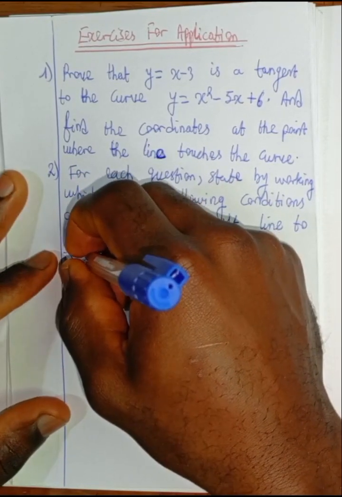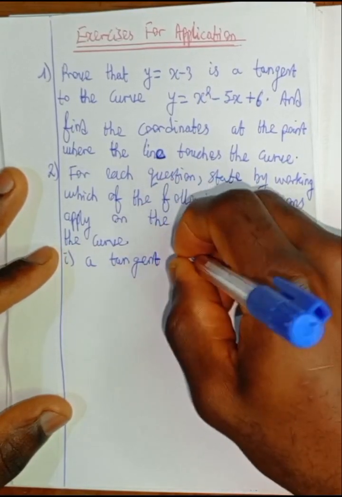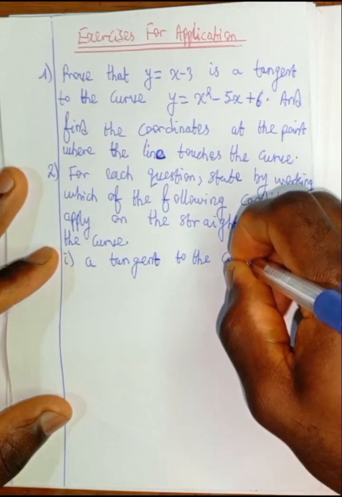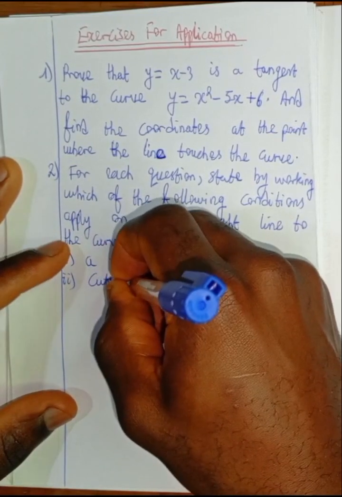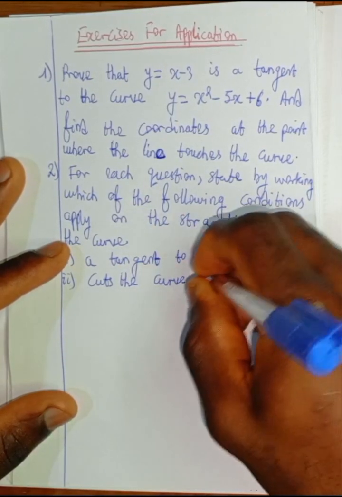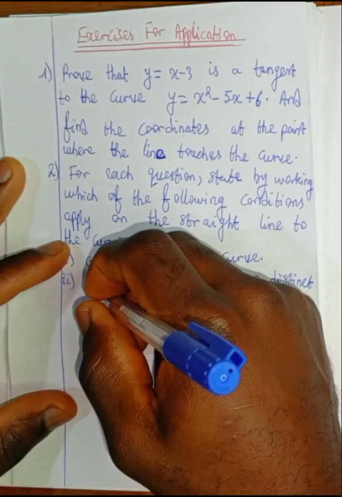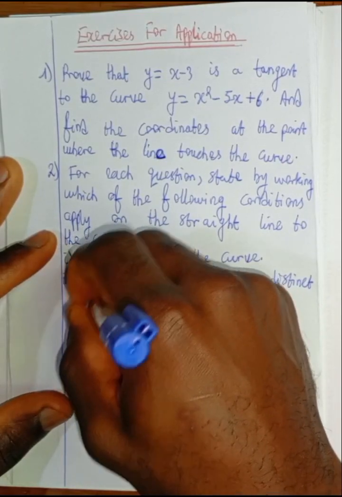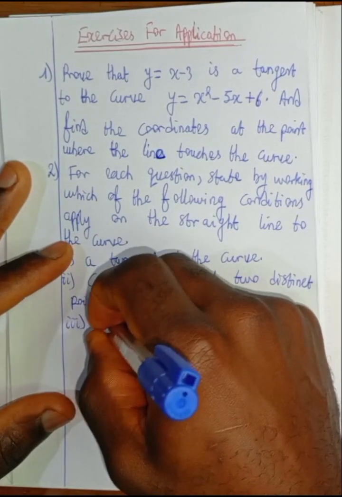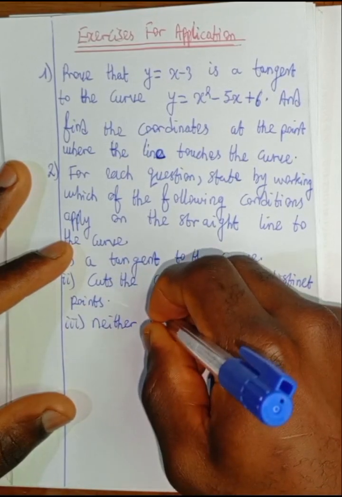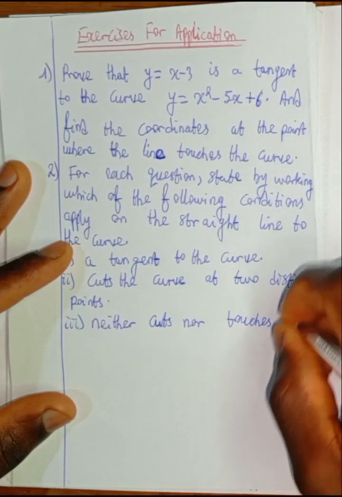We have a tangent to the curve. So we have that it cuts the curve at two distinct points. 3, neither cuts nor touches the curve.